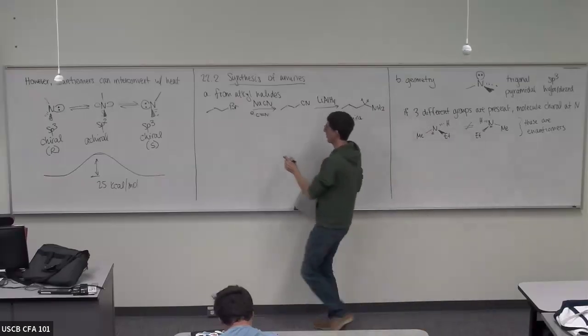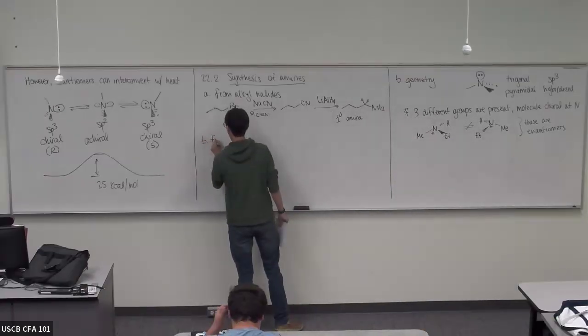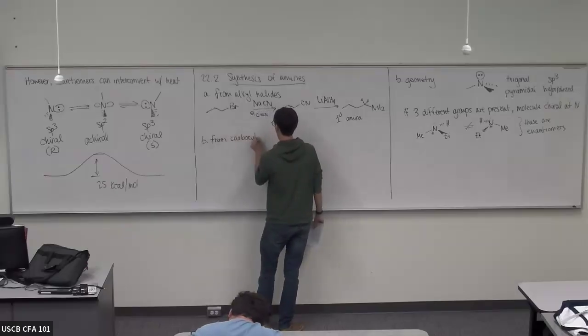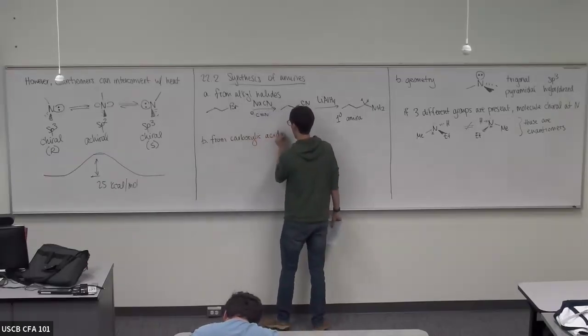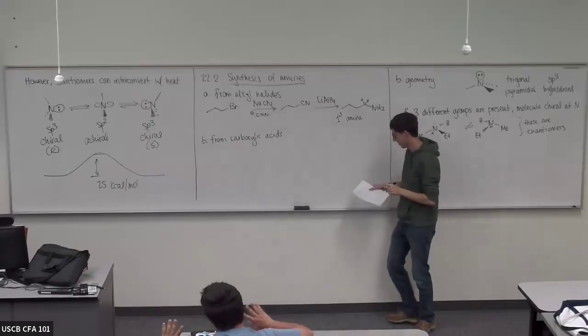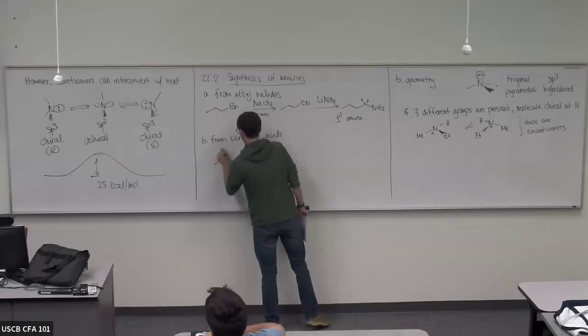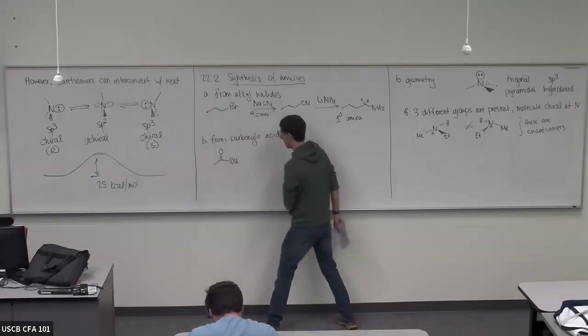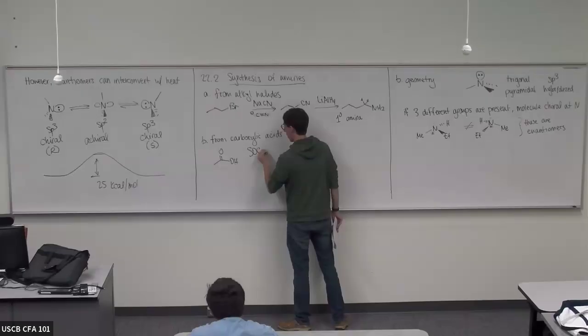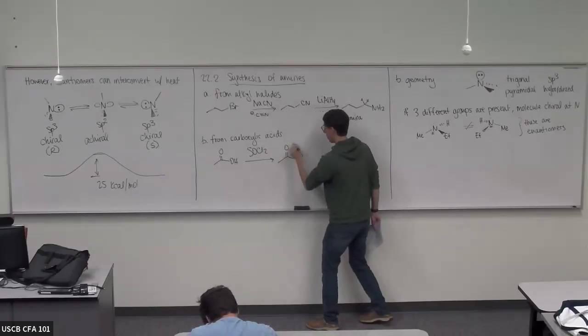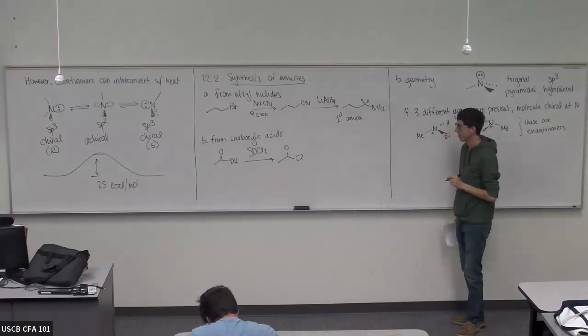Another way to get primary amines is from carboxylic acids. This is a bit more roundabout, but you take a carboxylic acid, if we treat it with thionyl chloride, we get to the acid chloride.